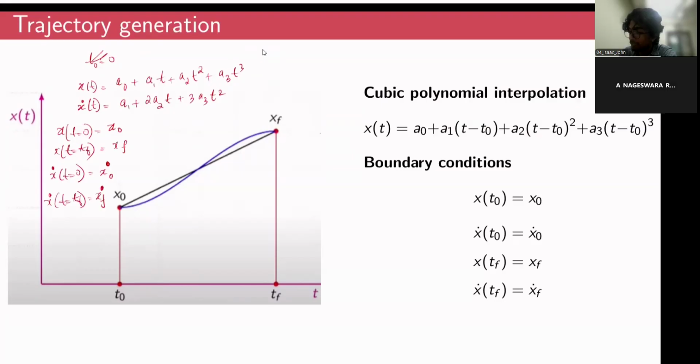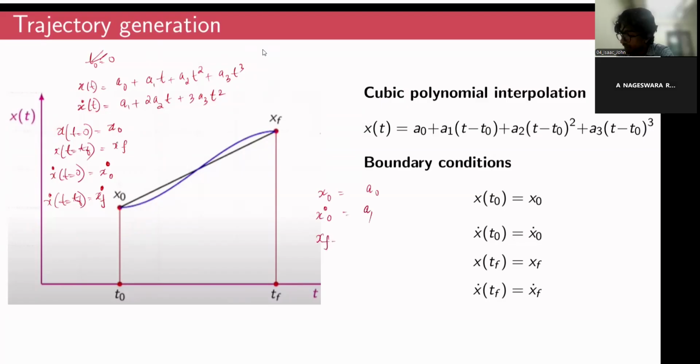You can basically write four equations using these boundary conditions, from these two generic equations. If you substitute t equal to 0 in both of these equations, x0 would be a0, and x0 dot would be a1.